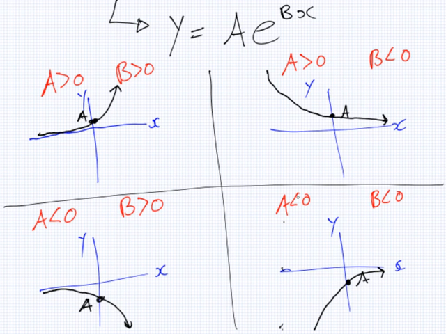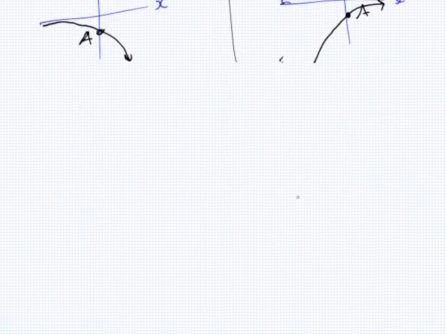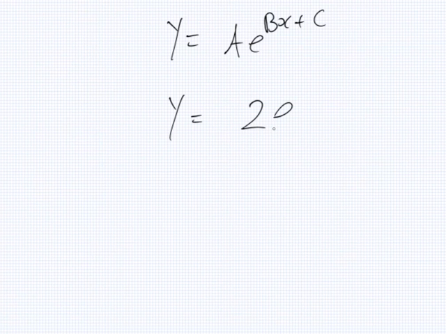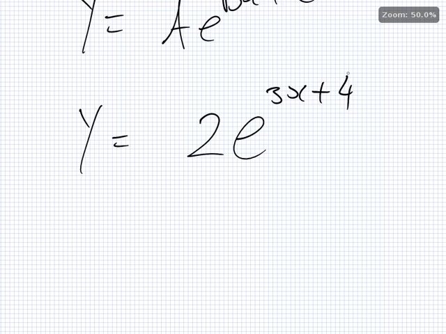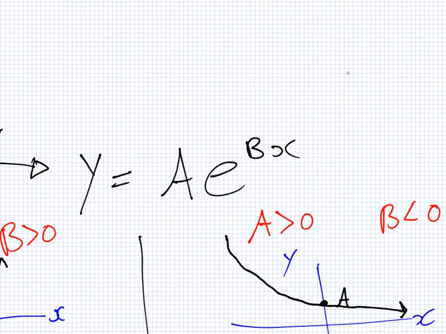You might think, what about if I had a graph of this form? For example, 2e^(3x+4). And you might think, oh, I don't know how to do this one, because Stephen only showed me the 4 possibilities that are like this.